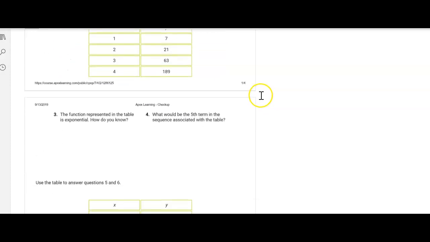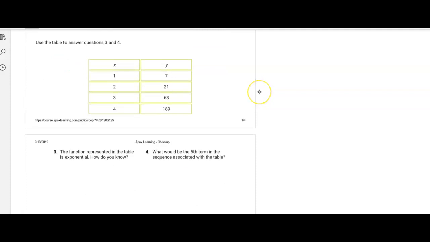Okay? Now the next one, the function in this table. How do we know it's exponential? Because, do we see a common ratio here? Yeah. Each time I'm multiplying by 3 here. So I know it's exponential because it has a common ratio of 3.